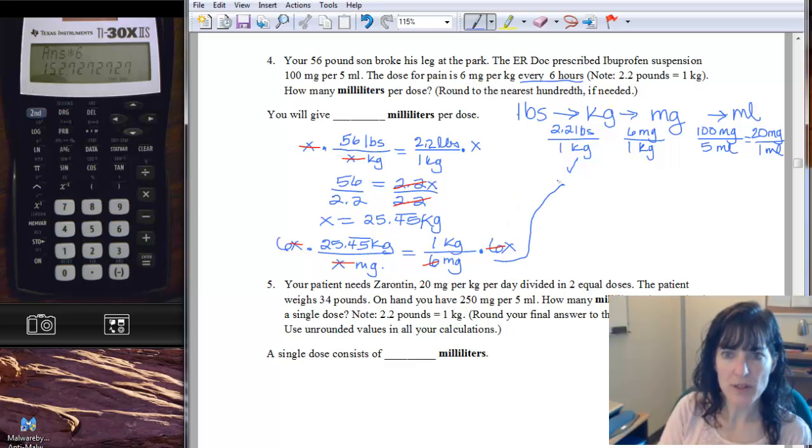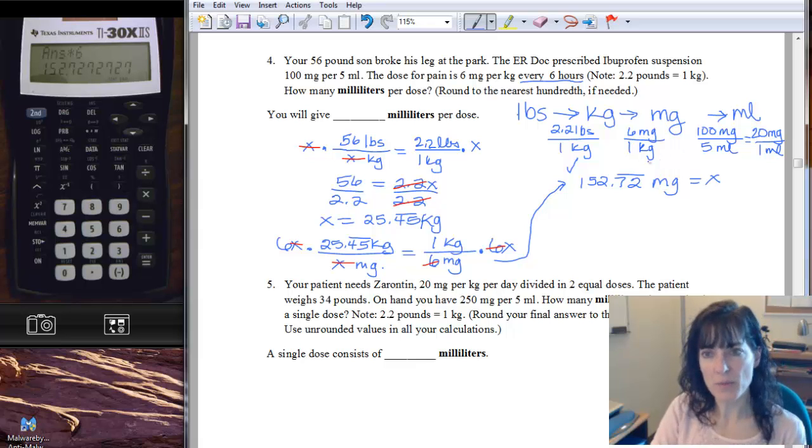I'm going to bring this over to the right, and I'll have 152.72, and the 72 looks like it's repeating, and that was going to be milligrams because I have x milligrams here, so milligrams equals x. So now I know how many milligrams, so I've done this conversion, and I'm on to my last conversion.